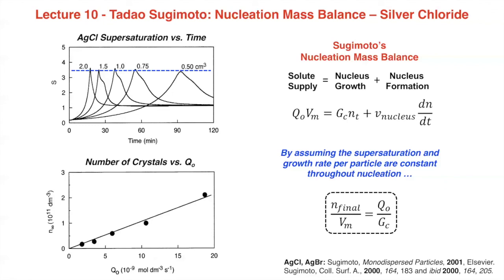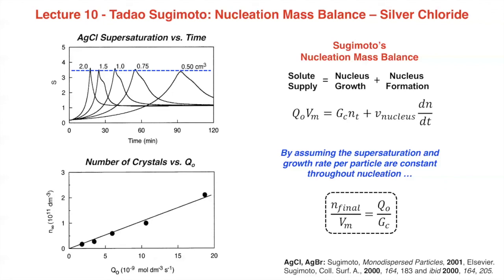So if you assume the solute concentration remains fixed until nucleation ends, you can solve this equation, and you'll end up with the result that the final number of crystals is equal to the solute generation rate during nucleation divided by the growth rate during nucleation.